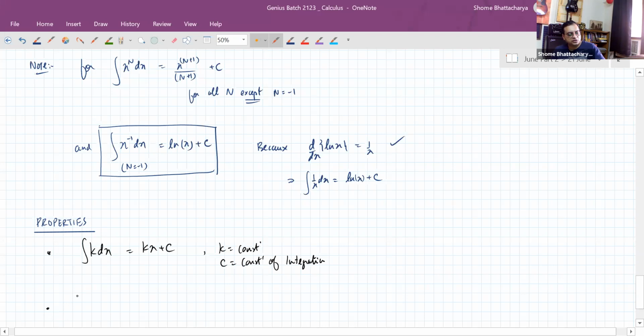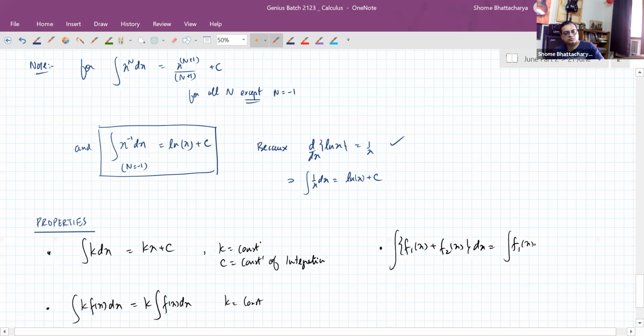Then another property is integration of a constant times a function is the constant times integration of that function. And the third property, as you might have guessed, is like the distributive property for integration, which applies to both sum and difference.